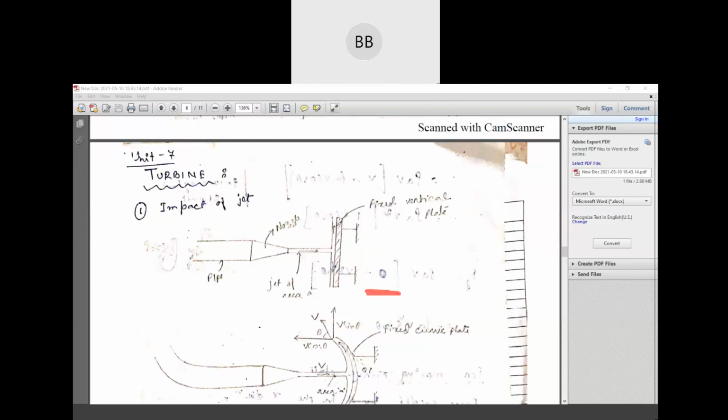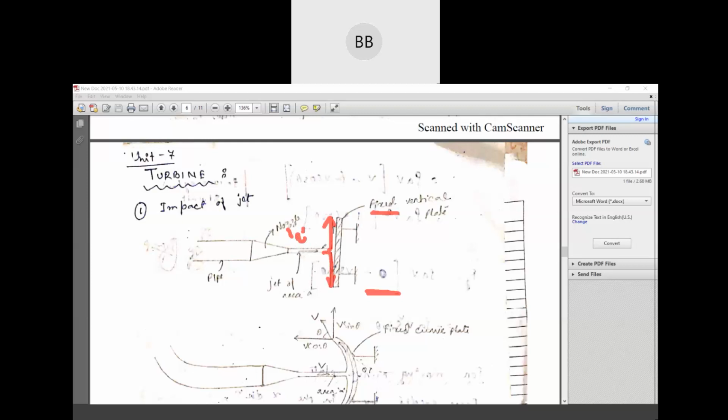When your jet of water strikes a vertical plate which is fixed, once it strikes in the center of the plate, it is assumed that half of the water goes in the upward direction and half goes in the downward direction, okay. Suppose the area of the jet is small a, and it strikes the vane at the middle of the plate.